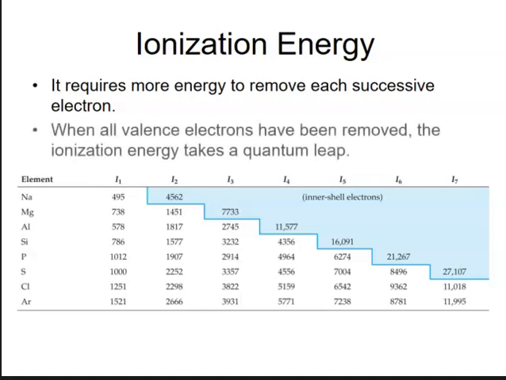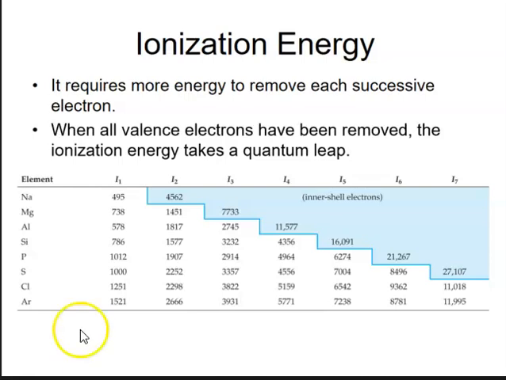Once you get to the core electrons, it goes crazy. It really does not like to give up the core electrons. It'll spit off those valence electrons, not always happily, but you can remove them. But once all the valence electrons are gone and you get to the core, it just goes crazy.